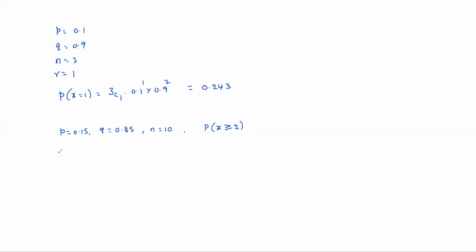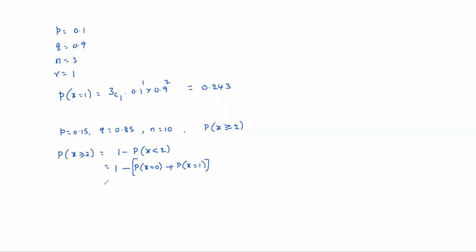Probability of X greater than or equal to 2 is nothing but 1 minus probability of X less than 2. That is 1 minus of probability of X equal to 0 plus probability of X equal to 1, since less than 2 means 0 and 1 only.